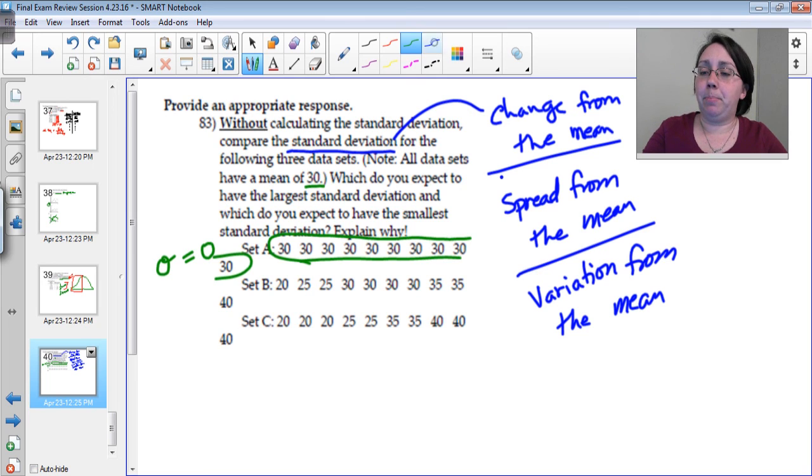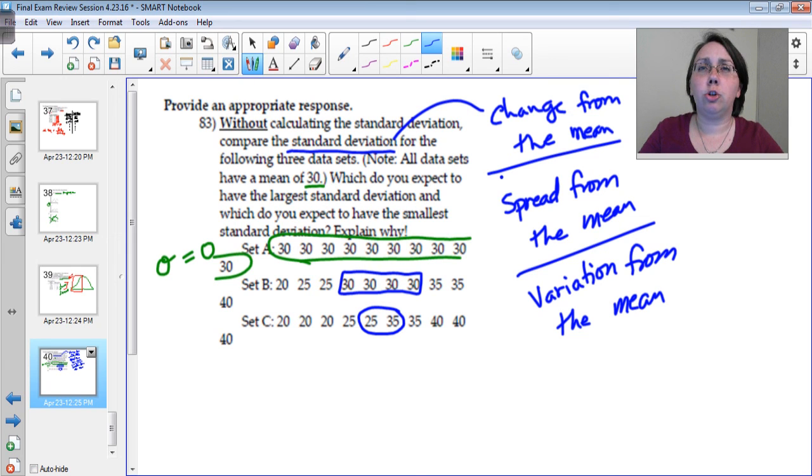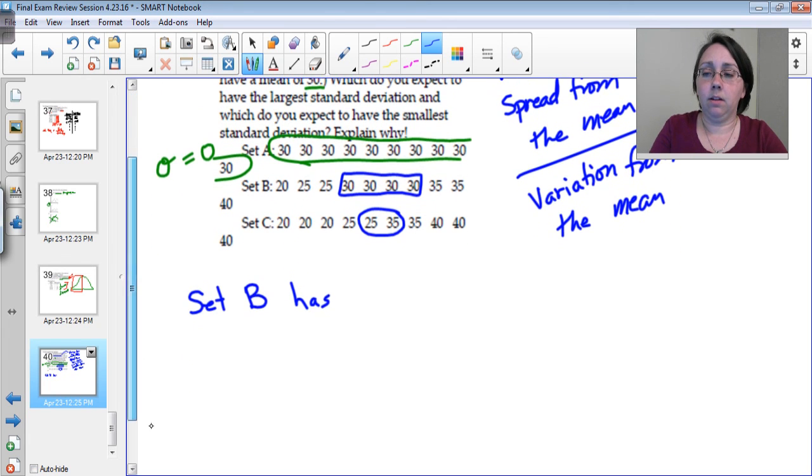All right, what about in B? Here's 30. Some of them are at the mean. What about set C? Are there any at the mean? So how do A, all right, well, A, there's 0 variation. That one's done. How do set B and C compare to each other? Well, we're not asked to calculate the standard deviation.